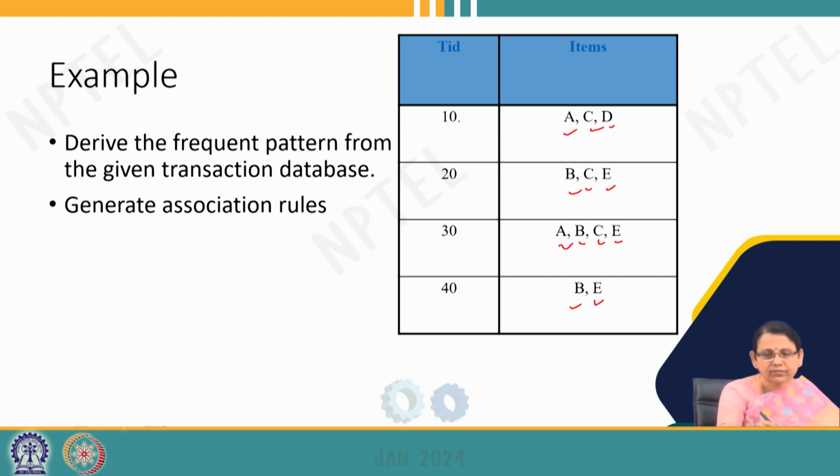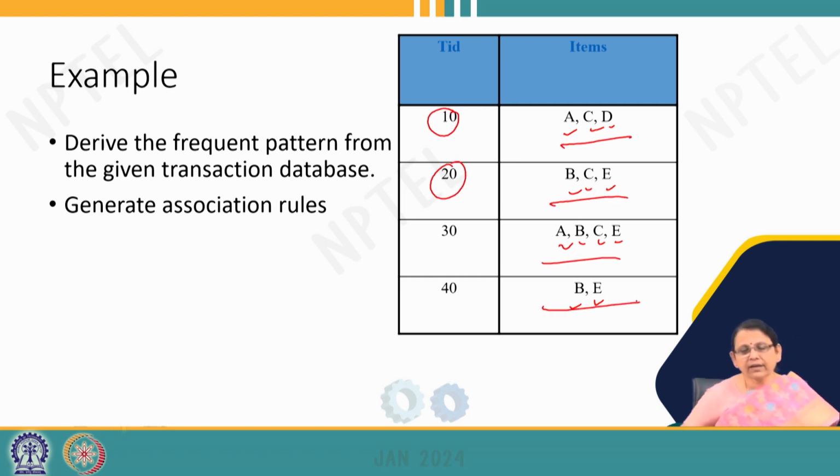So, user ID 10 has rated this, user ID 20 has rated this, and so on. Because they are rated together by some user, there is some association among them. So, let us identify what those associations are and how to generate the rules.